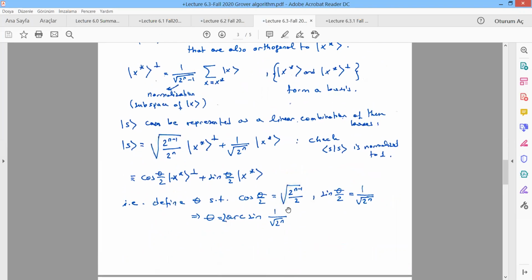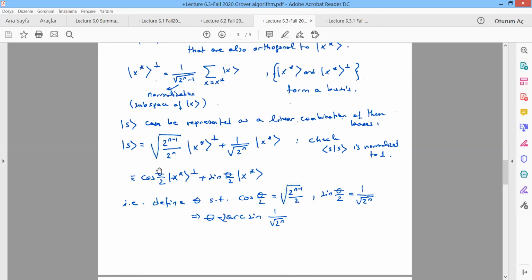So let's define cosine theta over 2 and sine theta over 2 as these coefficients. In other words, we define the angle theta such that cosine theta over 2 equals this coefficient, square root of 2 to the n minus 1 over 2 to the n, and sine theta over 2 is this coefficient, 1 over square root of 2 to the n. And this is the |s⟩ state.